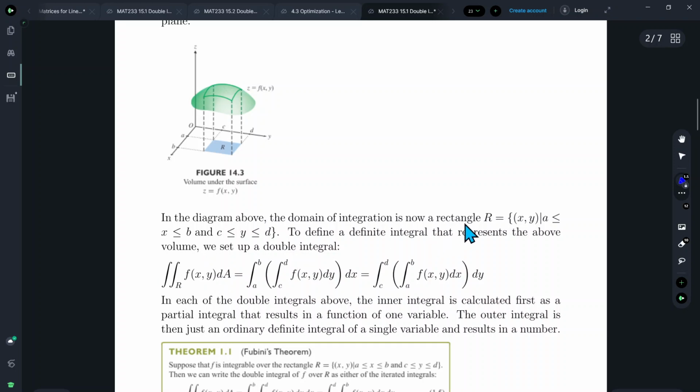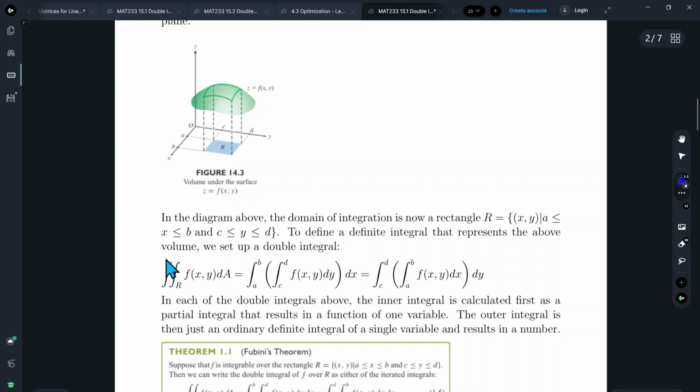The domain of integration, here described as R, is written underneath the double integral symbol. My function is now a function of two variables, and here we write dA because when we partition these regions, they represent area instead of just a single variable.